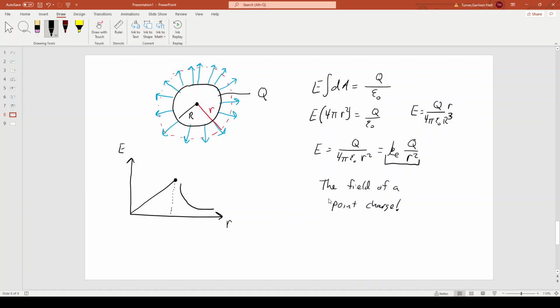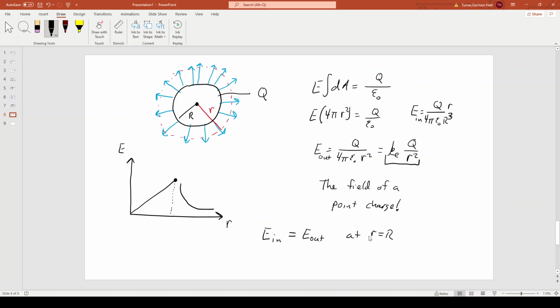Okay, because if we label this E in for inside the sphere, and this E out, E in and E out should equal each other at the point where my Gaussian surface equals the surface of the charged object. Is that true?